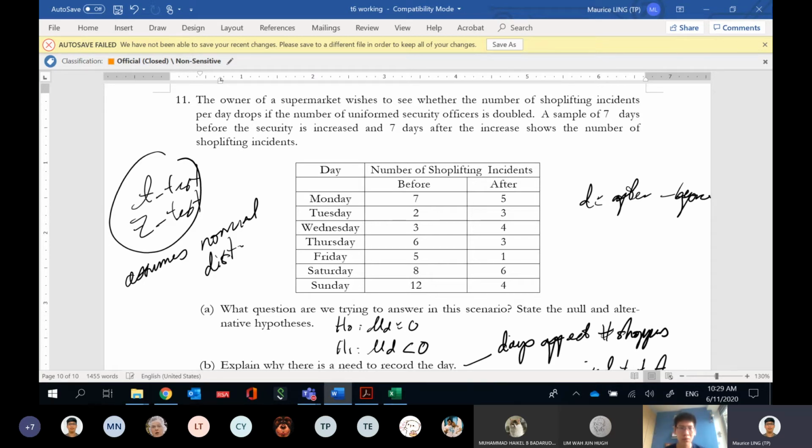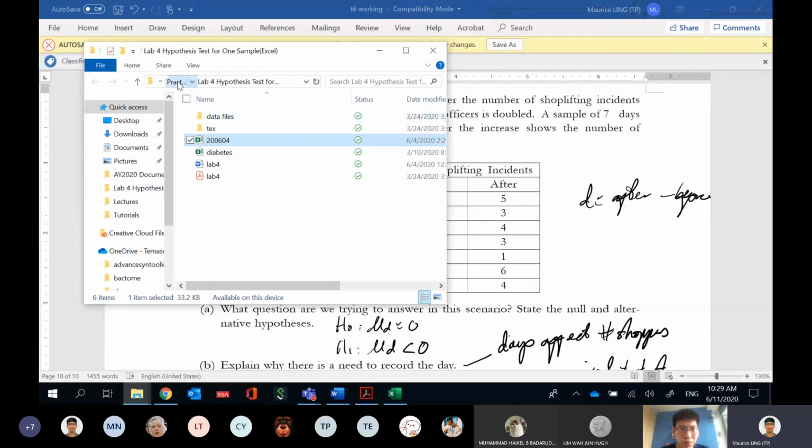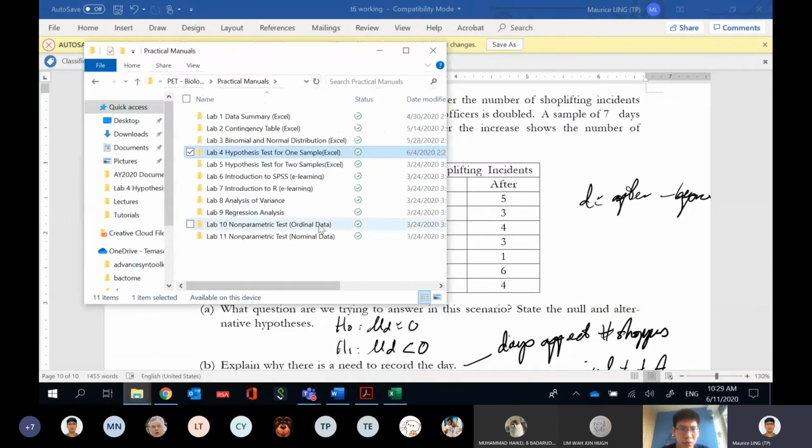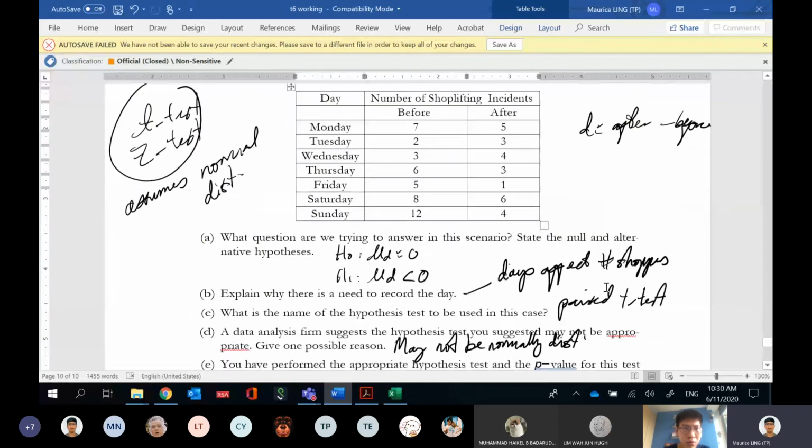When the data is not normally distributed, by right, you cannot use your t-test. That will be the later half of your topics. For example, when you do your non-parametric test, this is when the data is not normally distributed. It's much, much harder to use.